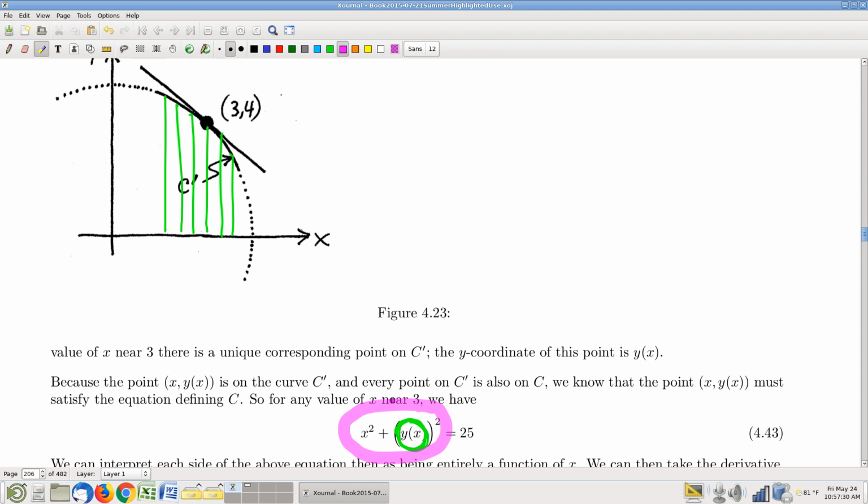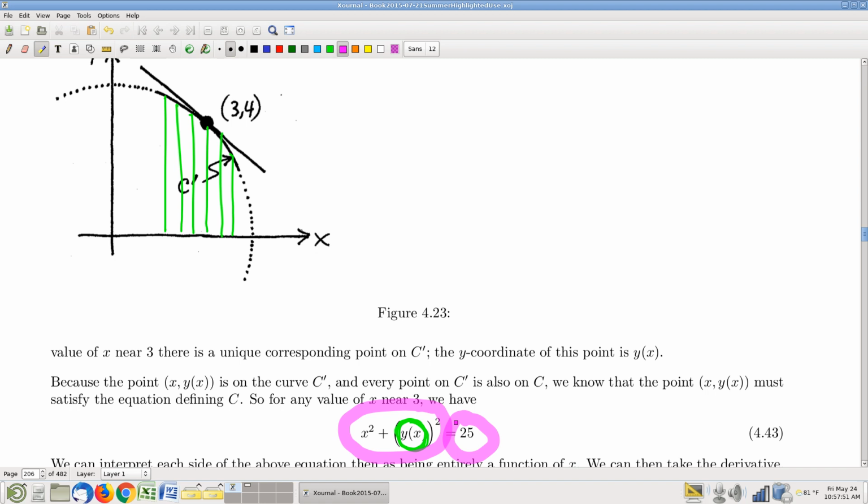Even though capital F is not what I want to know the derivative of, I'm going to take its derivative anyway for two reasons. For one thing, I know what the answer is going to be. F, being as it is 25, is going to have derivative equal to 0. I know what its derivative will be.